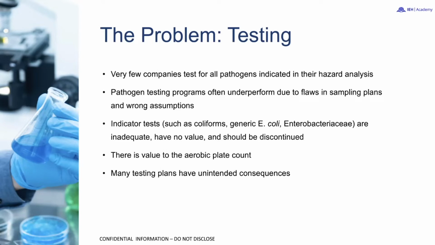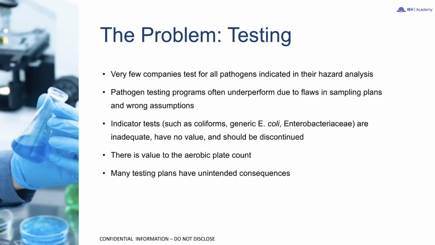But most of what you want to do with indicator organism testing can be done with the aerobic plate count. And the aerobic plate count, of course, is going to capture a much wider variety of microorganisms than these other tests are going to do. And it can be an indicator of sanitation, but it is, again, not an indicator that there may be pathogens present.